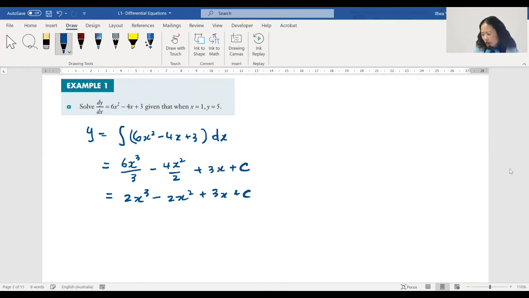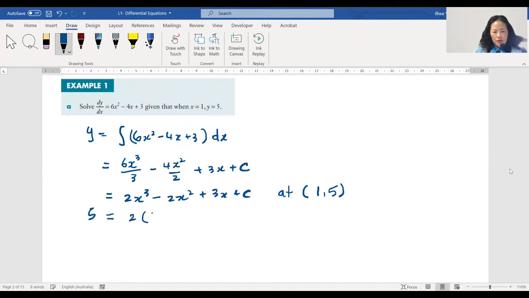Okay, that's not too bad. And I'm going to substitute in the point 1 and 5.